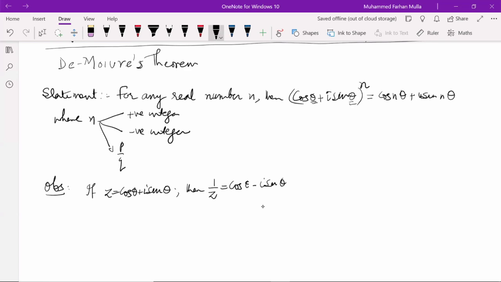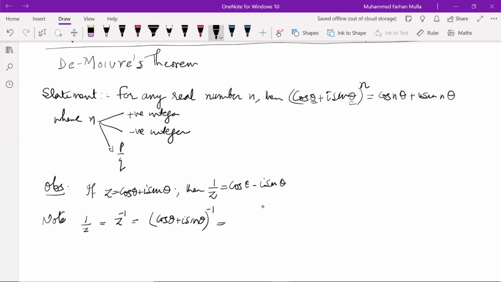As you know that 1 upon z, note that 1 upon z I can write as z to the power of minus 1. Okay, but I know what z is. z is cos theta plus i sin theta, and its power is minus 1.